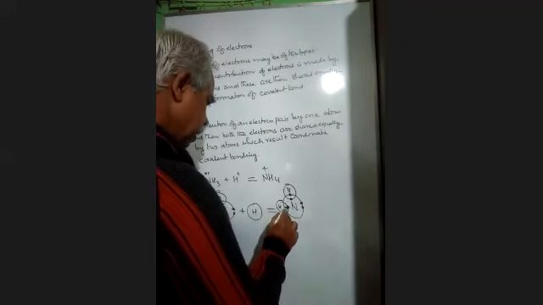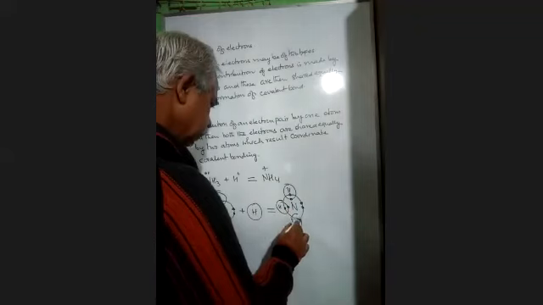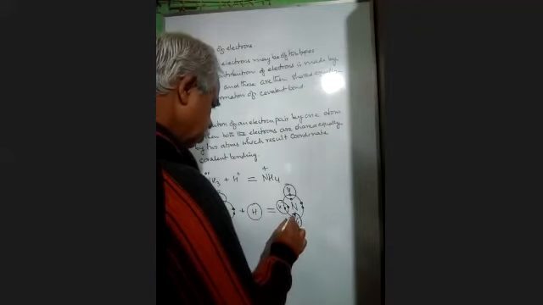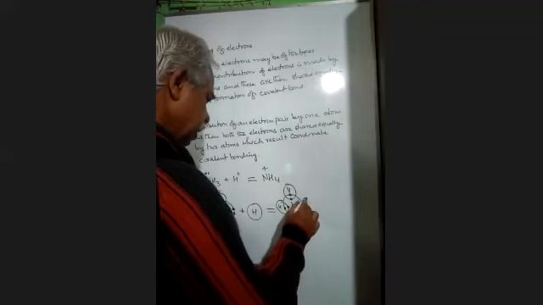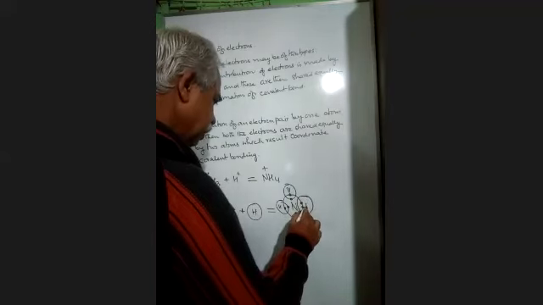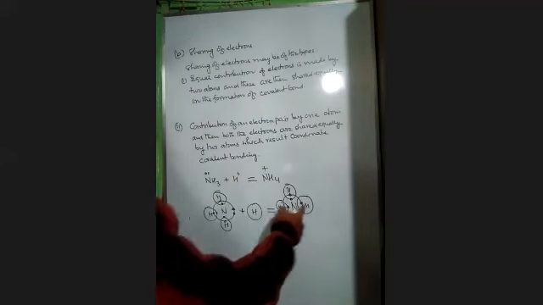Hydrogen has 1, nitrogen has 1. And in this case, the 4th hydrogen does not have any. So see here, this is a difference. So this type of bonding is called coordinate bonding.